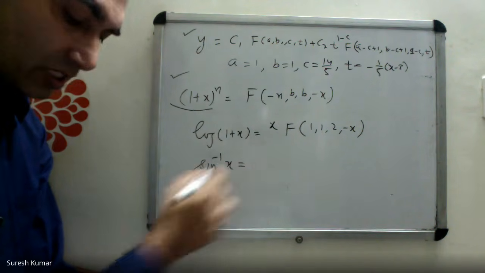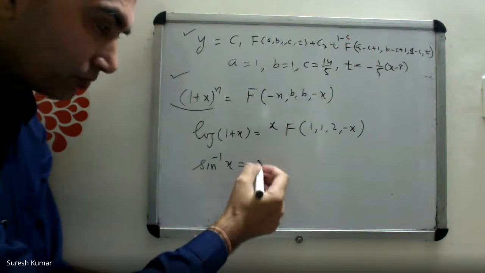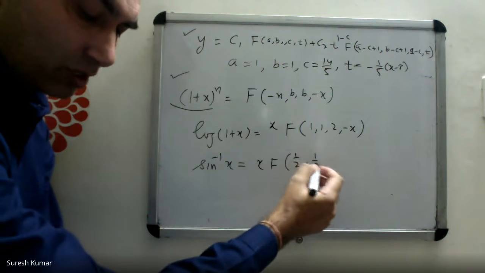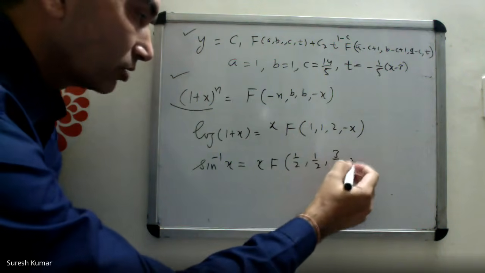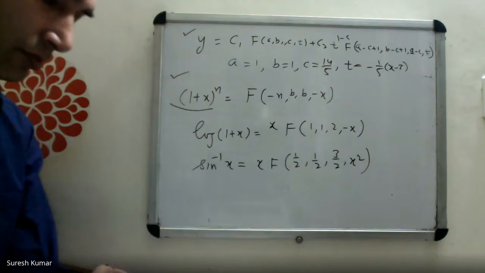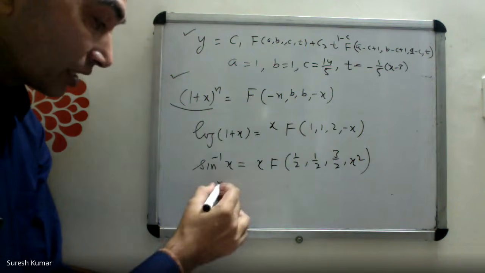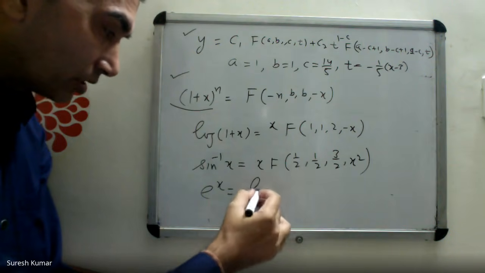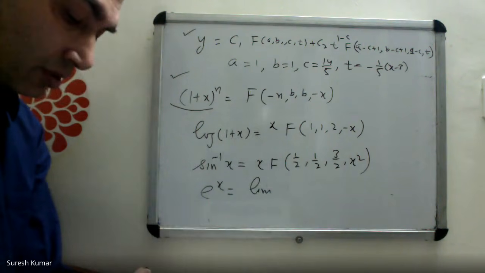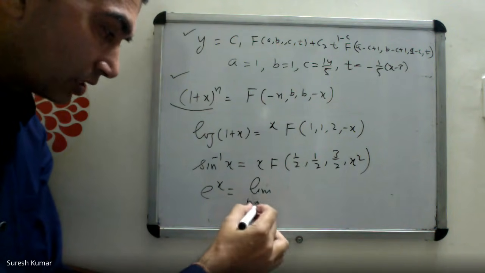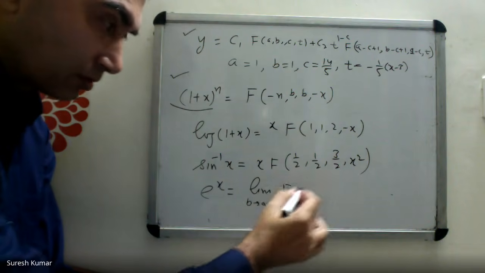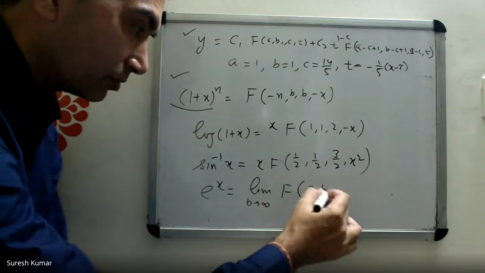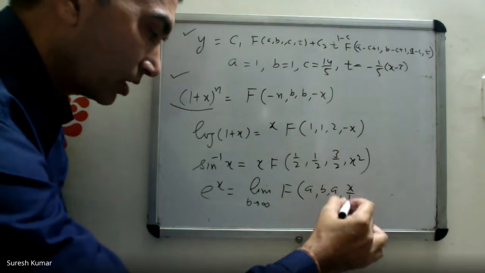Likewise, sine inverse x can be proved equal to x times F(1/2, 1/2; 3/2; x square). E to the power x, the well-known exponential function, can be written as the limit b tends to infinity of F(a, b; a; x over b).